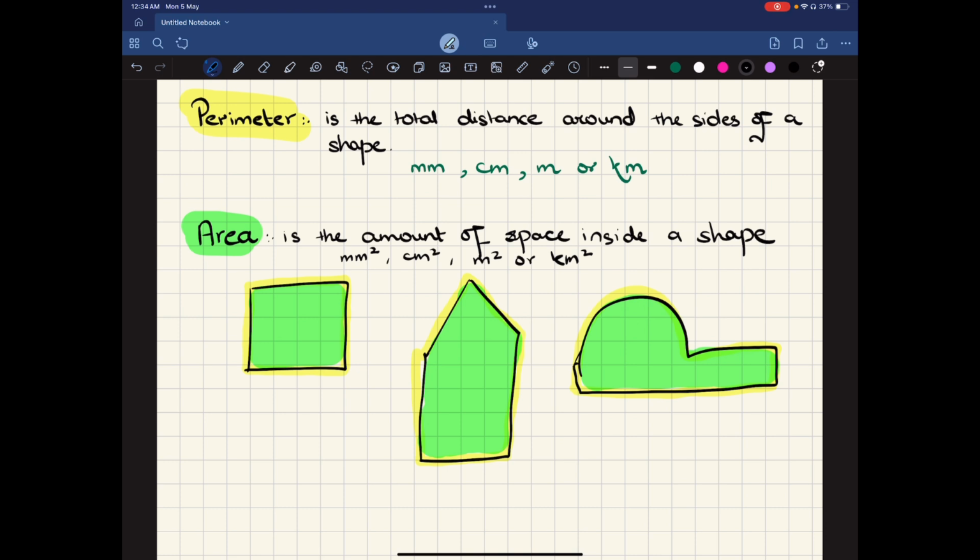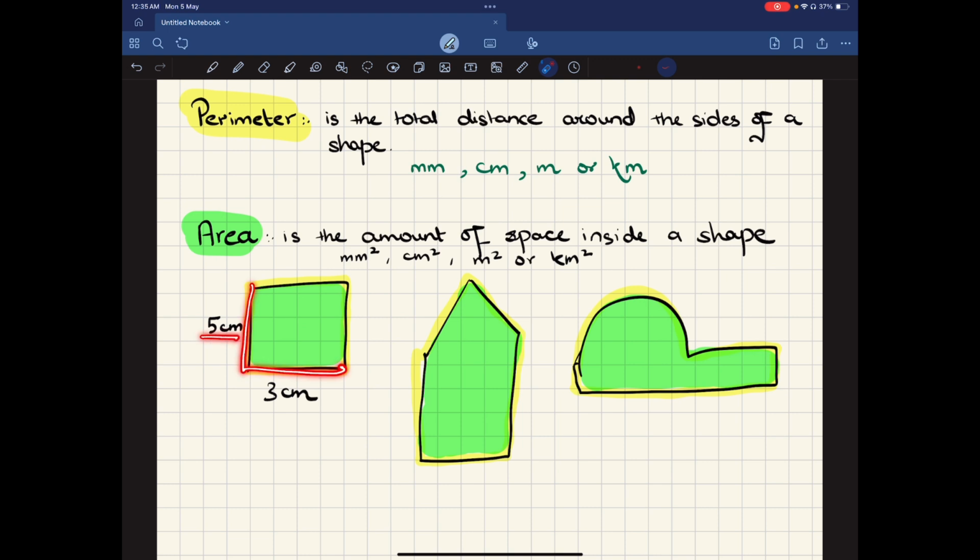For example, if this is 5 centimeters and 3 centimeters, the perimeter would involve adding 3 centimeter plus 5 centimeter plus 3 centimeter plus 5 centimeter, but area would involve multiplying 5 with 3.